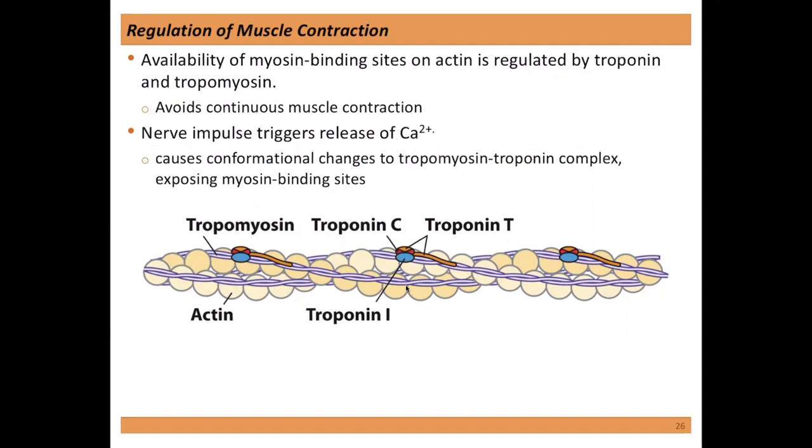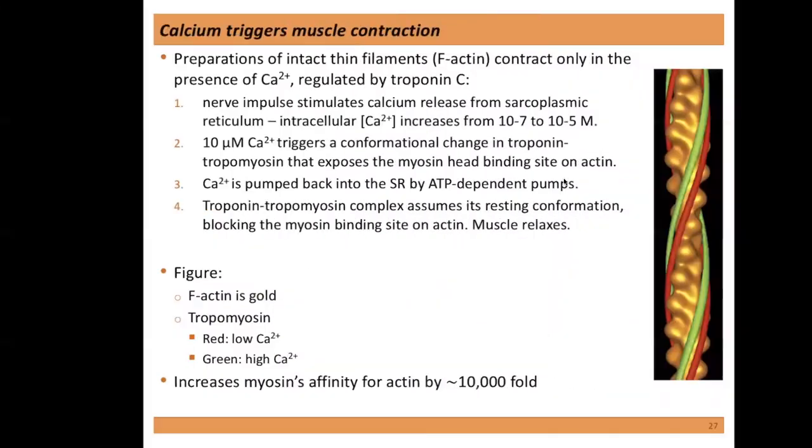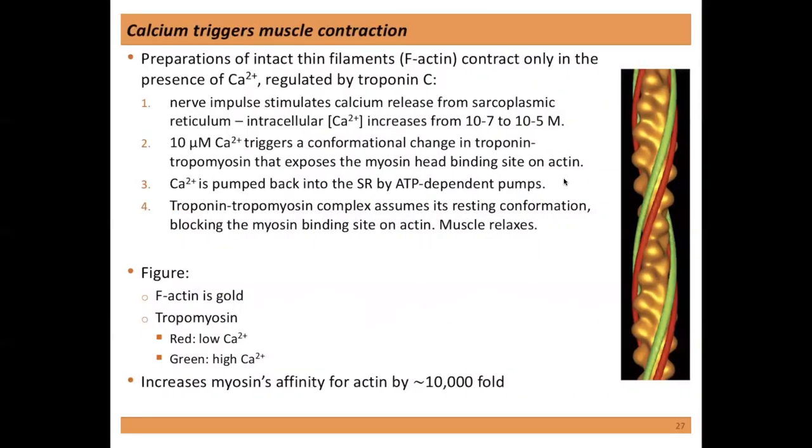These proteins will bind the calcium and cause a conformational change in the tropomyosin-troponin complex, and that exposes the myosin binding sites. So these other two make sure those binding sites are only exposed when calcium's around, and the release of calcium is controlled by nerve impulses. We'll talk about that when we get to second messengers.